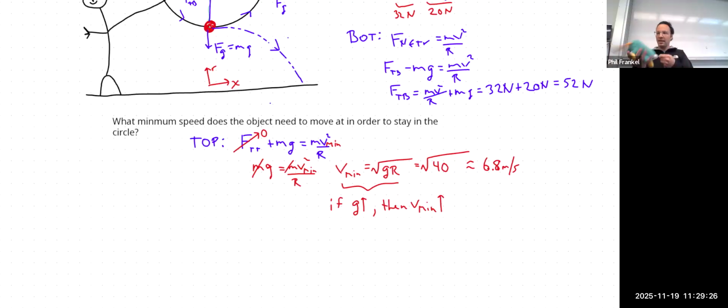If I go below that speed, the thing tumbles out of the circle. Well, if the gravitational field were stronger, if I were doing this on Jupiter, where the gravitational field is stronger than 10 newtons per kilogram, then there's an extra strong gravitational pull on Platty, and it's going to be that much easier for Platty to fall out of the circle unless I make Platty move fast enough to not. So a stronger gravitational field means that thing had better be moving sufficiently fast to not fall out of the circle.